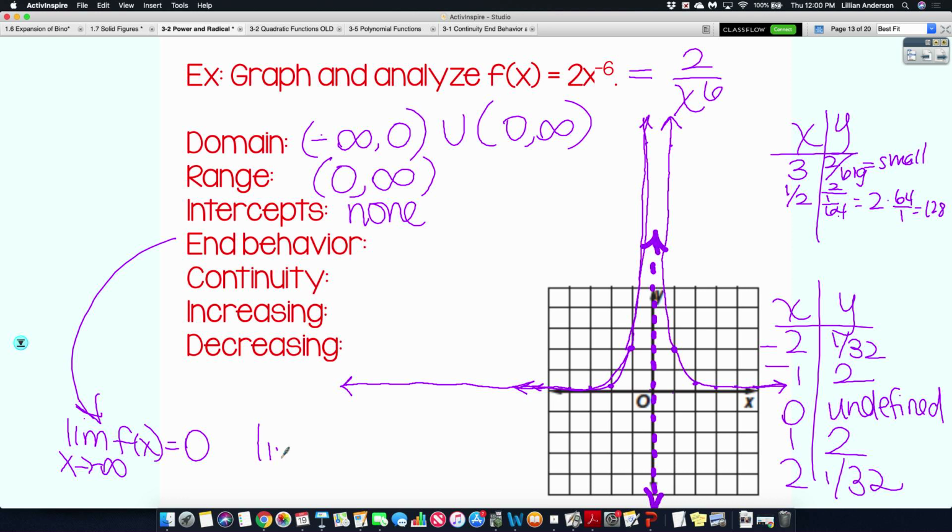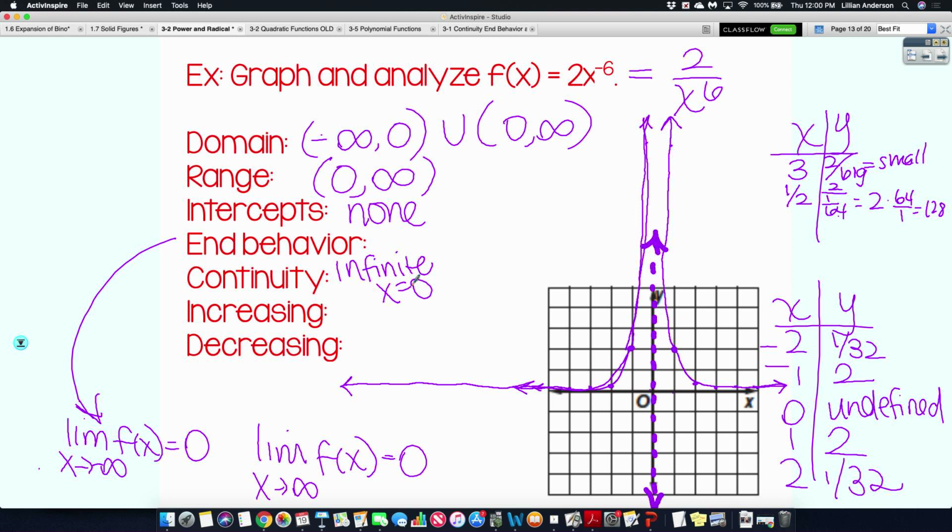What about the right end behavior? 0. But I'm going this way. So that one is 0 as well. Is it continuous? No. There's an infinite discontinuity, and where does it occur? More specifically, x equals.